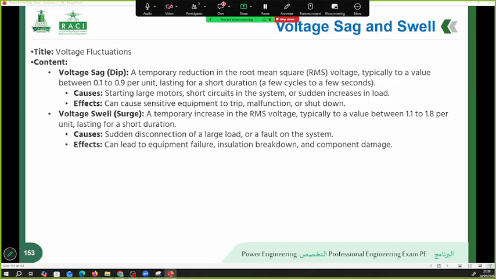They can also be caused by certain types of faults, such as a ground fault on one phase of a three-phase system. And voltage swells are particularly damaging. They can lead to overvoltage related equipment failures and cause insulation breakdown in motors and transformers and so on.